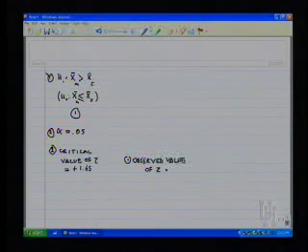Is that right? Just so we complete this, what would be the critical value of Z if the test were two-tailed and alpha was 0.01?